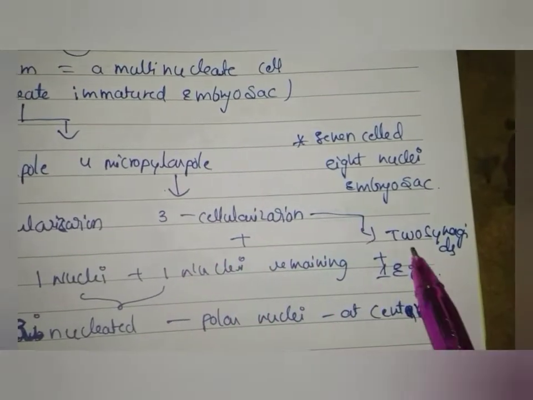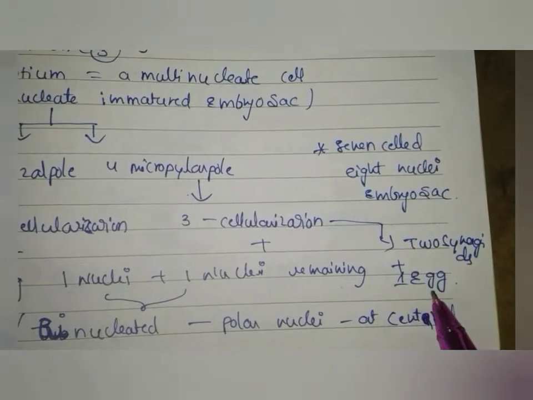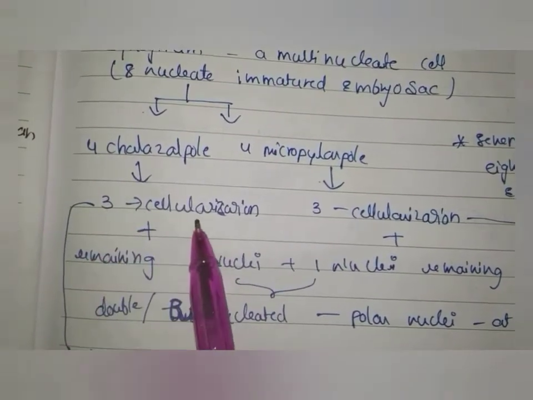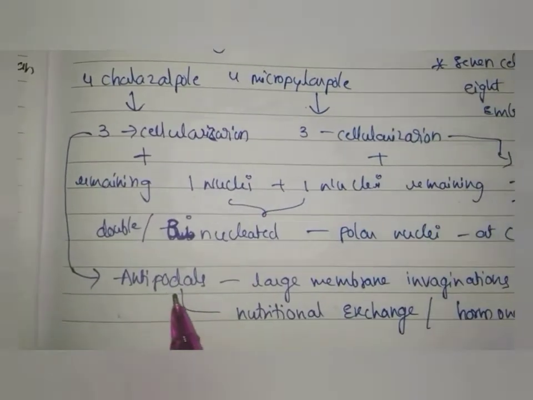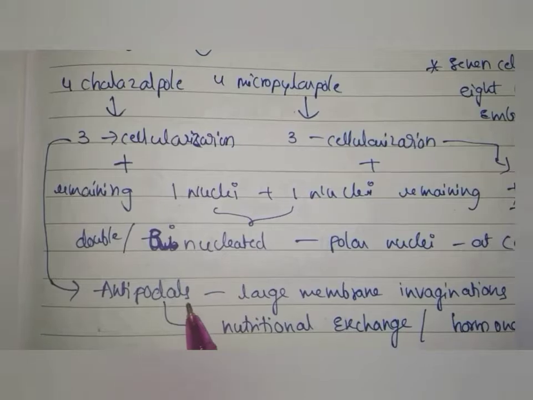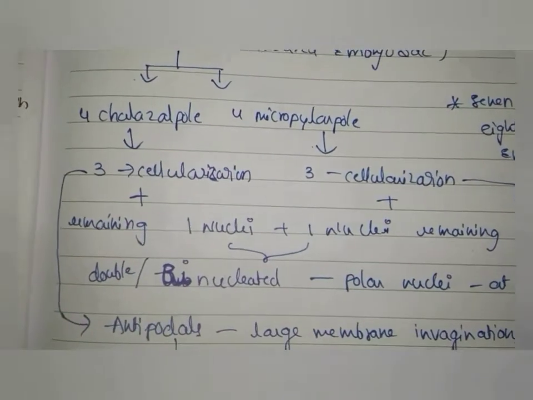In that, two cells are formed as synergids and one cell is formed as the egg. Here in the chalazal side, the three cellularized cells form the antipodals. These three antipodals are present at the chalazal side.